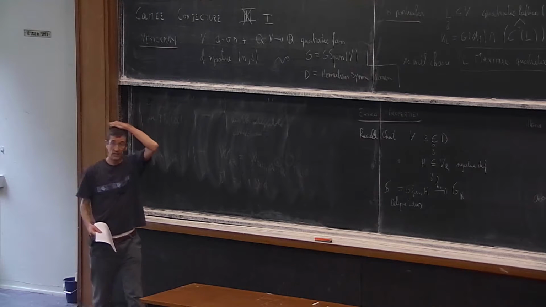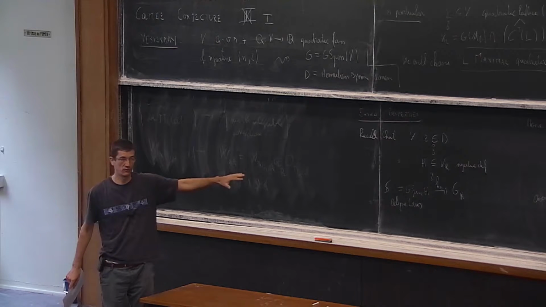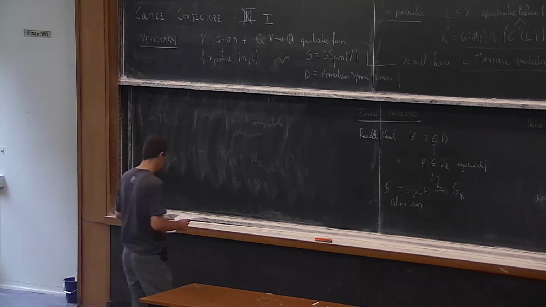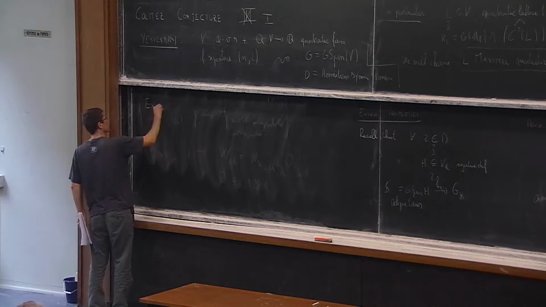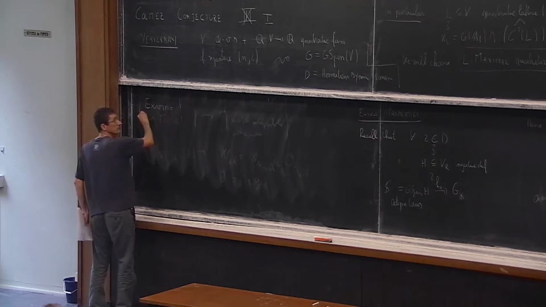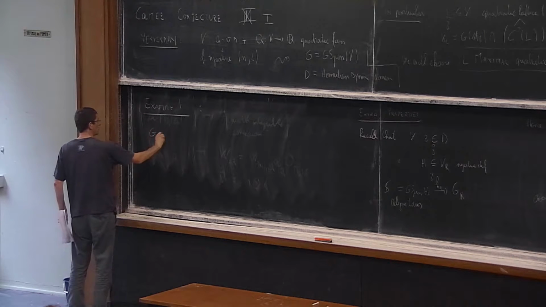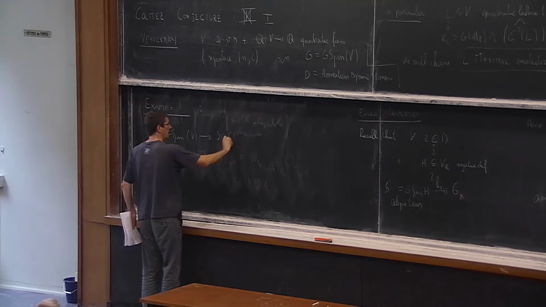Okay, so let's try to see two examples where we view all this more slowly and in practice. Okay? So example one. Well, we said that our group G spin is a central extension of SO(V).